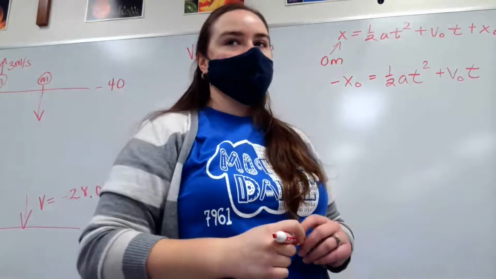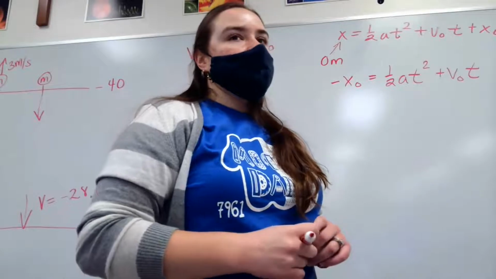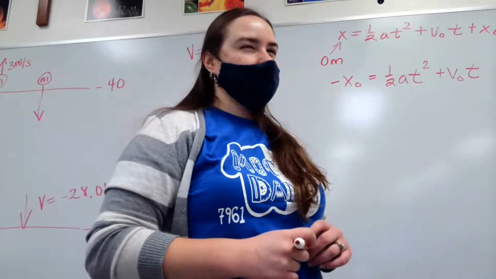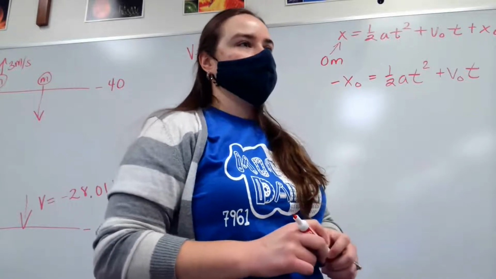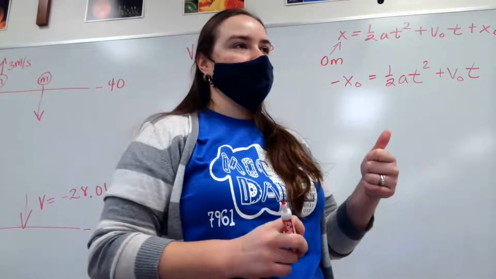Because I'm going to show you an easier way to do this where you're not going to have to use the quadratic equation, I'm just going to solve it using a computer. I'm sure you guys don't mind that too much, right?